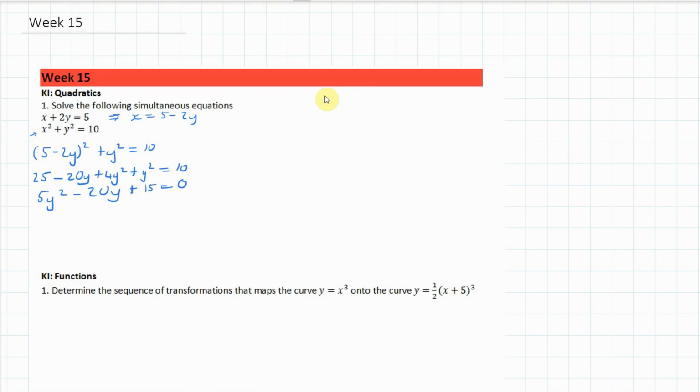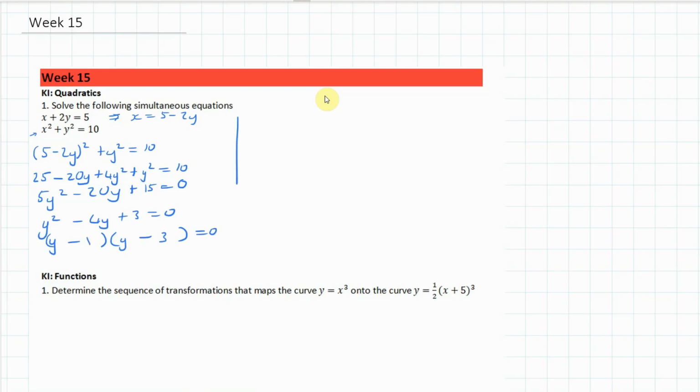And I guess we can divide that now by 5 to get y squared minus 4y plus 3 is equal to 0. And now we can factorize, and it looks like y minus 1, y minus 3.